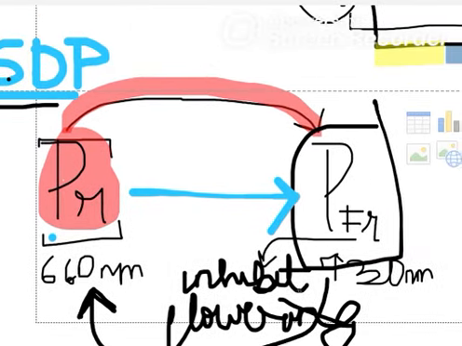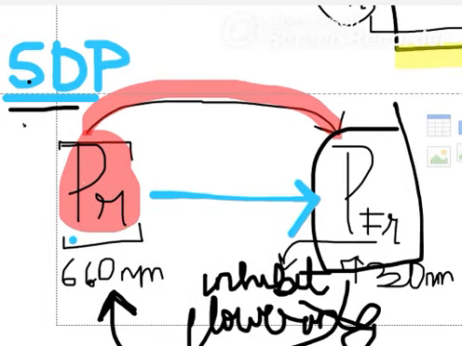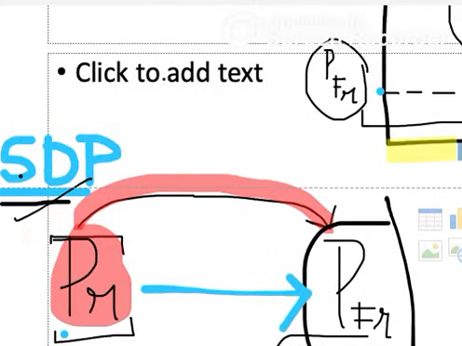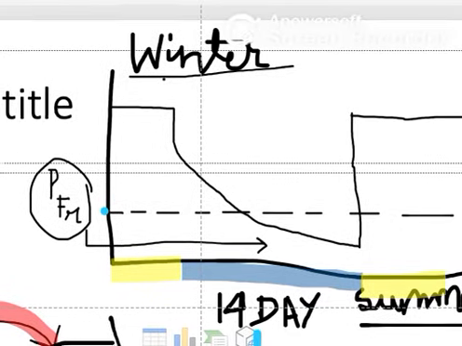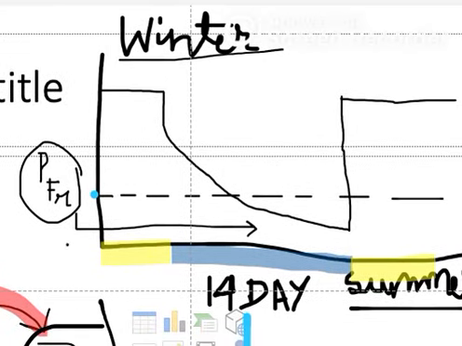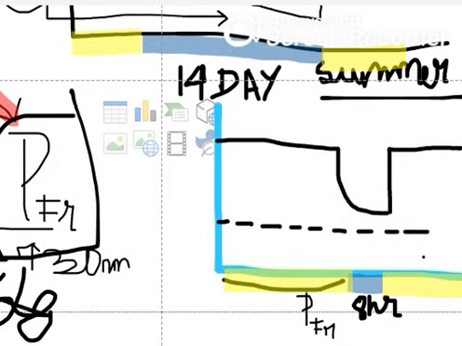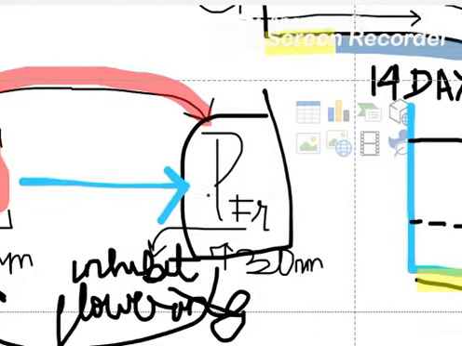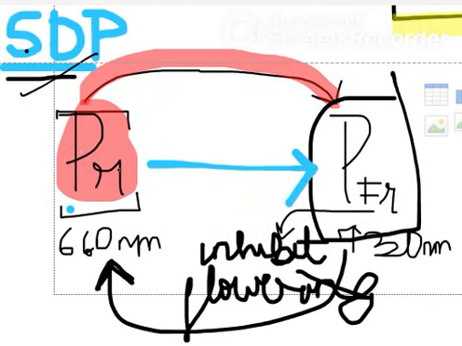Okay, so that is why short day plants flower in winter, because the PFR levels are decreased in winter, whereas in summer the PFR level cannot decrease beyond the threshold level. So that is the meaning of the role of phytochrome in short day plants.